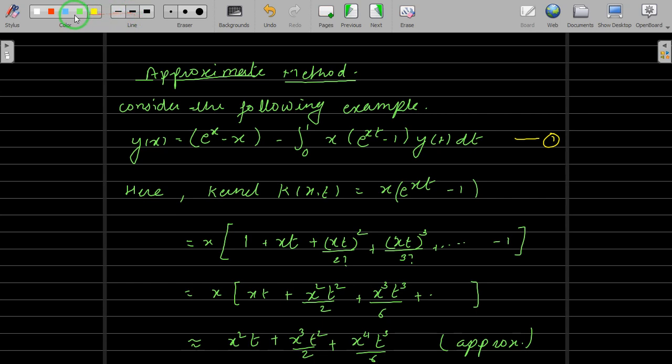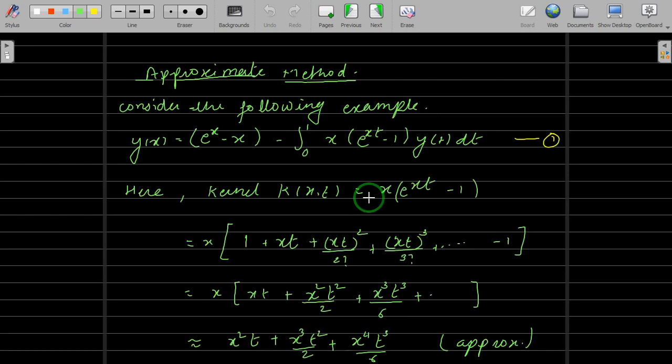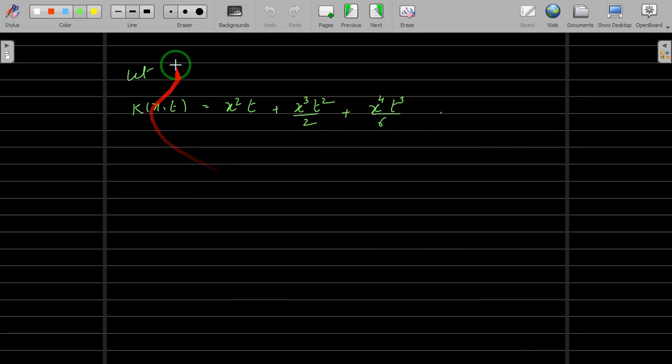So you can say equation 1 is a Fredholm integral equation with separable kernel, which we have approximated. We have taken only 3 terms here, and you can apply the method we have discussed.